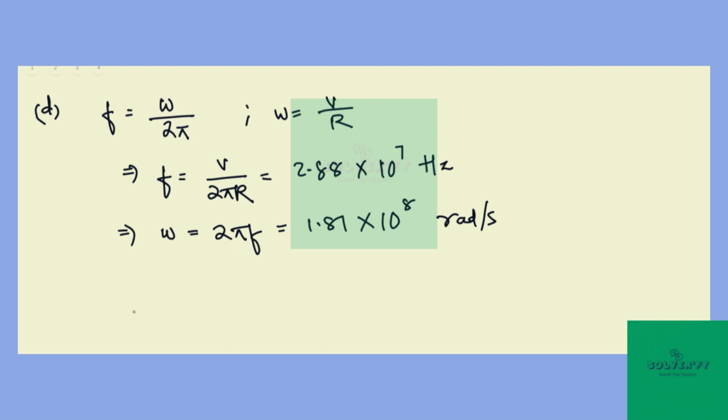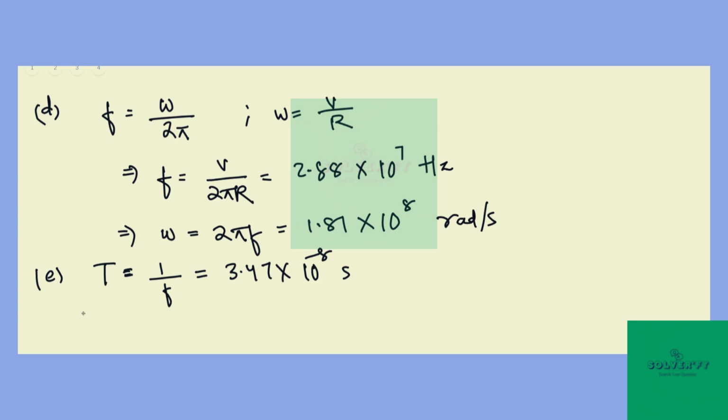So for the last part, let's find the time period in the xy plane. This is going to be equal to the inverse of frequency, and that is equal to 3.47 times 10 to the power minus 8 seconds.